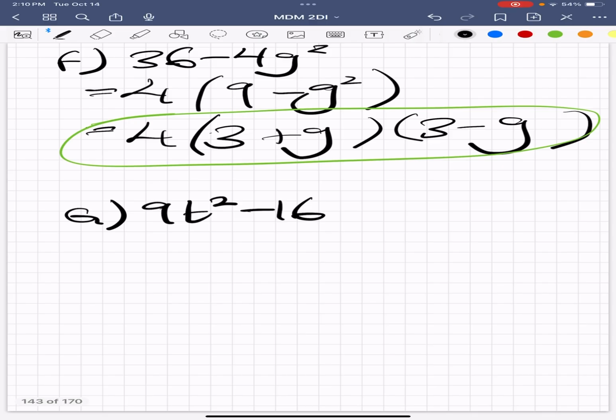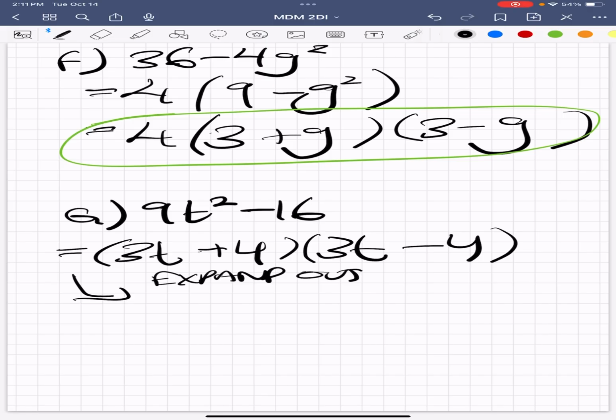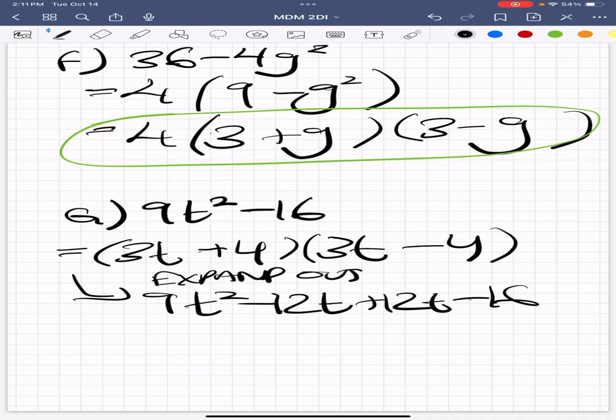And then with this one, we have 3t plus 4 and 3t minus 4. And if you want to expand out, we have 9t squared minus 12t plus 12t minus 16.